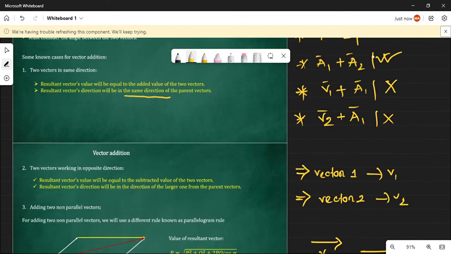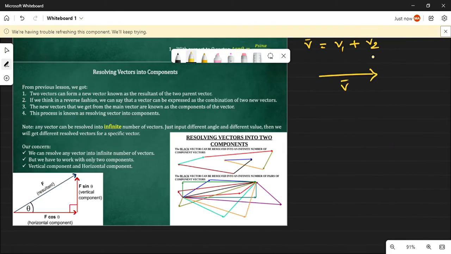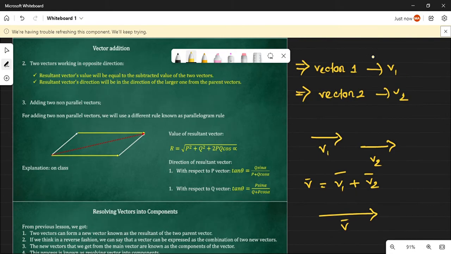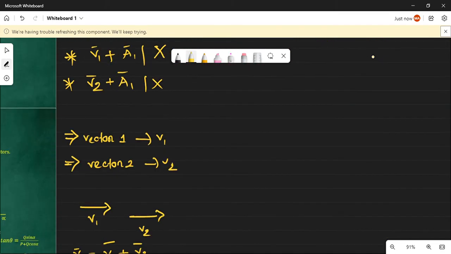The second rule of vector addition is for vectors in opposite directions. Vector v1 is in this direction, and vector v2 is a smaller vector in the opposite direction.